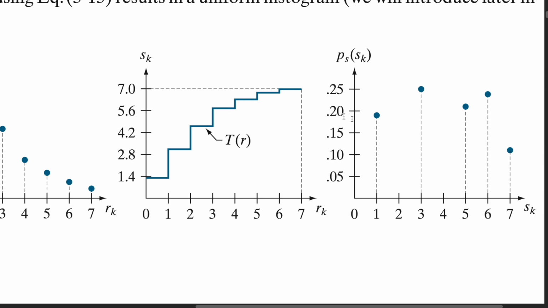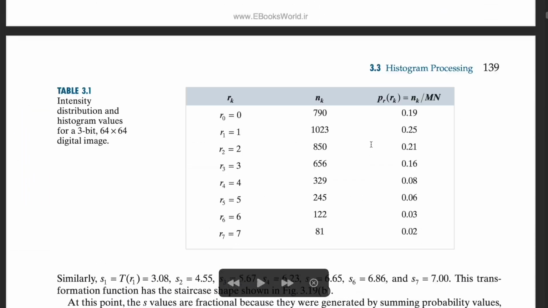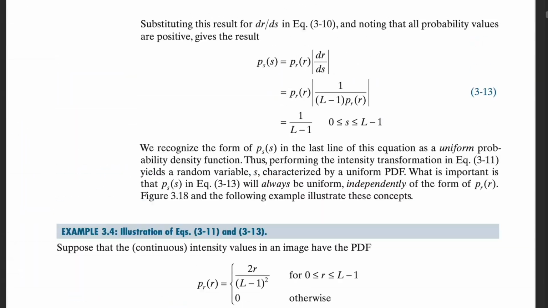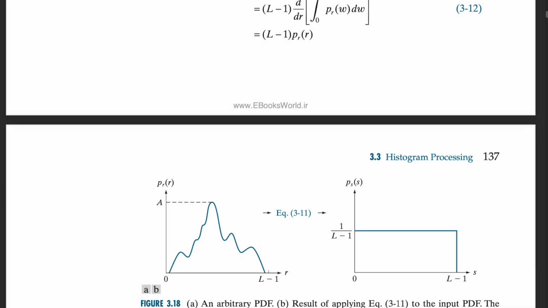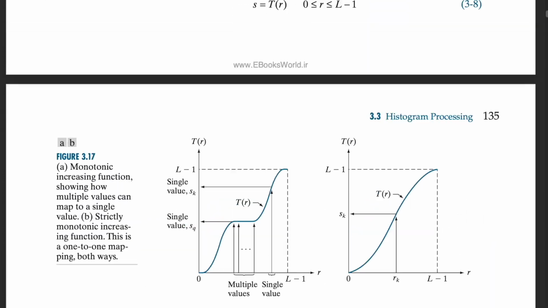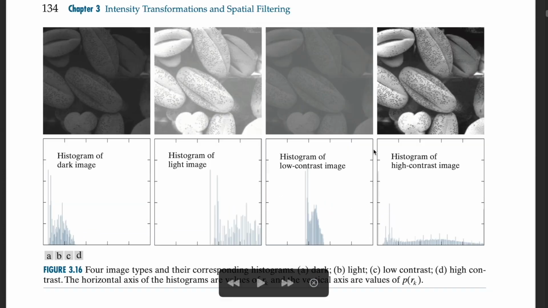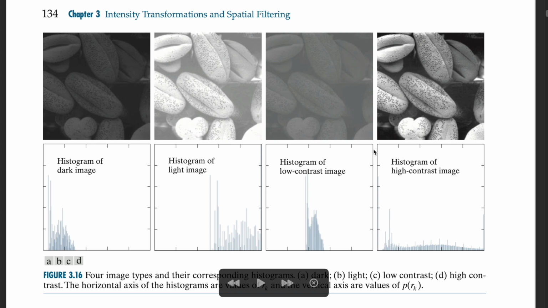Now let us see, we had seen an image earlier. So this image was this one, right? We saw different images and we saw their histograms. Now the interesting thing is, how would the image look if we apply histogram equalization to this, this, this and this? So what would the final image look like?